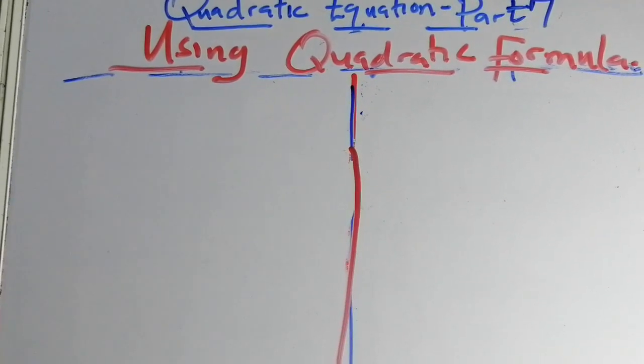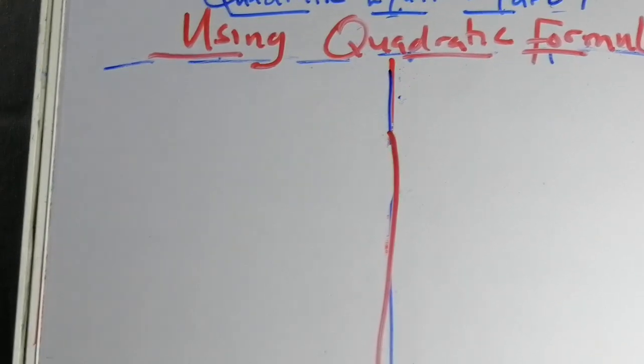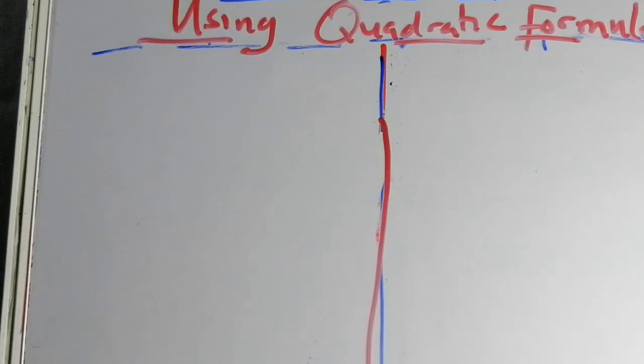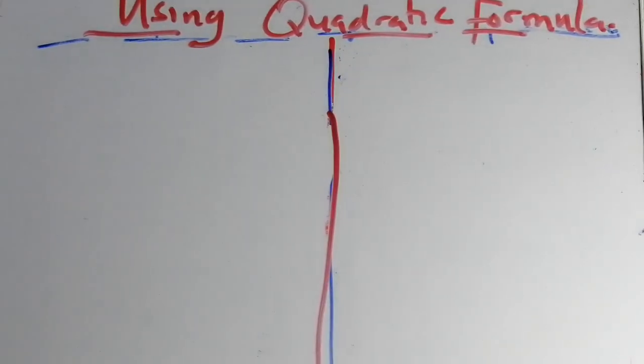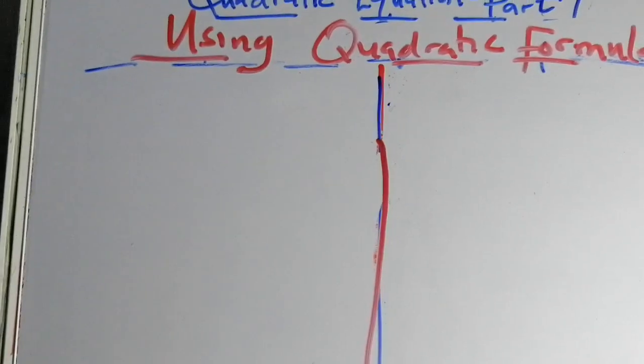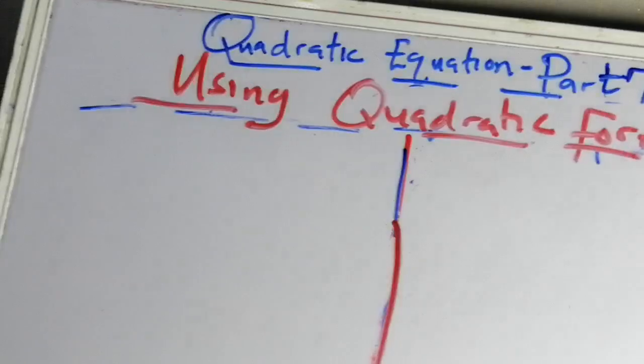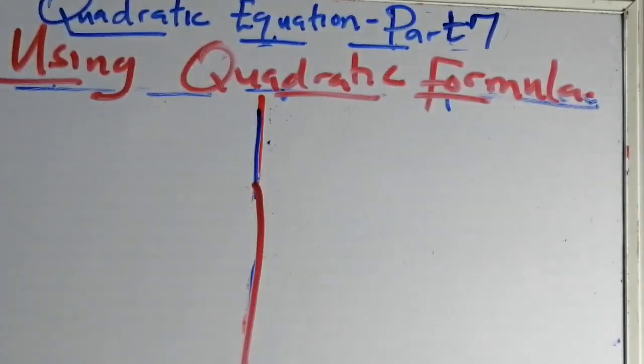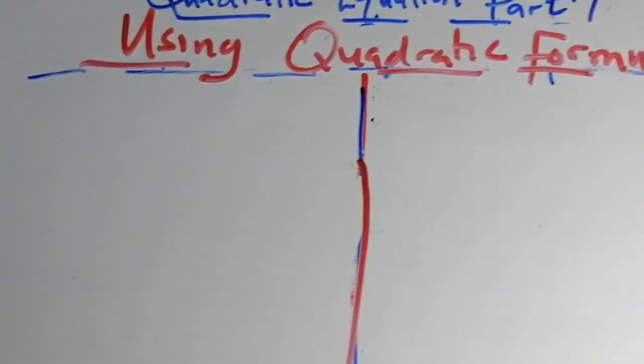That is very key because they can say, given a general quadratic equation, find the quadratic formula using the completing the square method. I repeat, using this general quadratic equation, find the quadratic formula using the completing the square method.